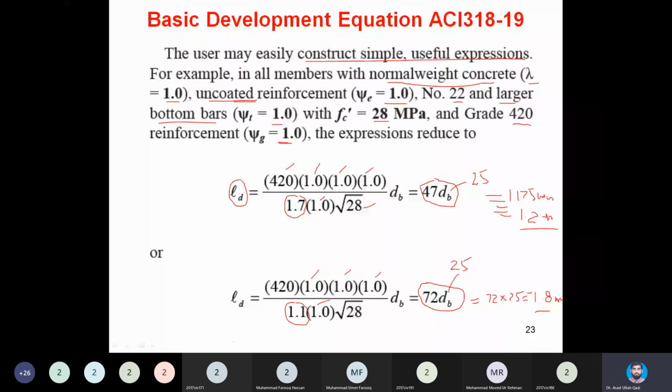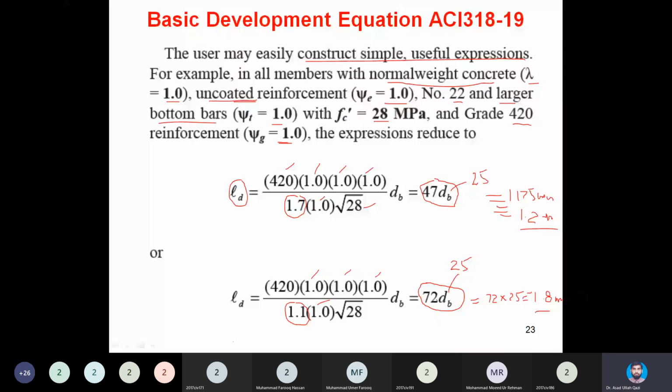In this way, you can construct useful expressions for your project. And if you want to construct a similar set of equations for number 19 and lower bars, then you need to consult the first column and construct your equations.